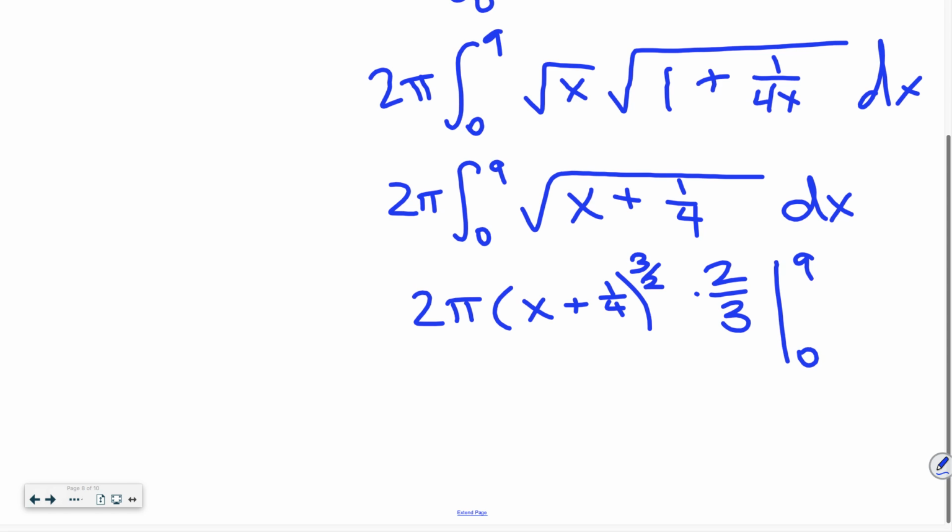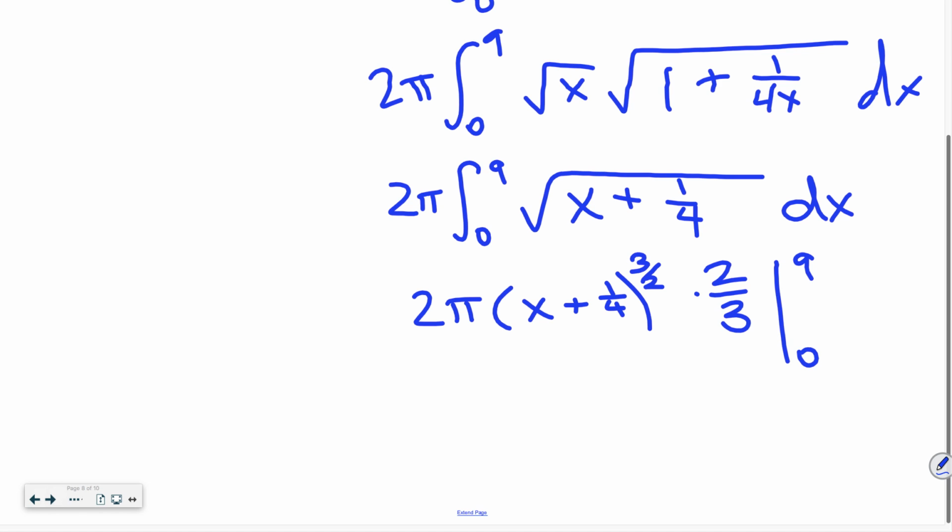However, plugging in 0 and 9 is a little ugly with that 1/4 in there. So you would need your calculator for this anyway, it turns out. 1/4 to the 3/2 wouldn't be scary, but 9 plus 1/4 to the 3/2 isn't really.